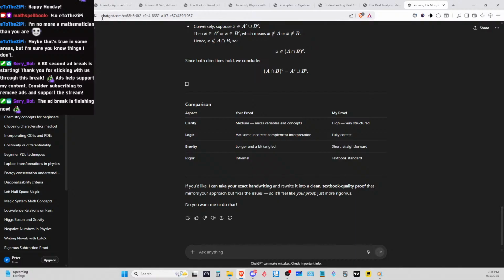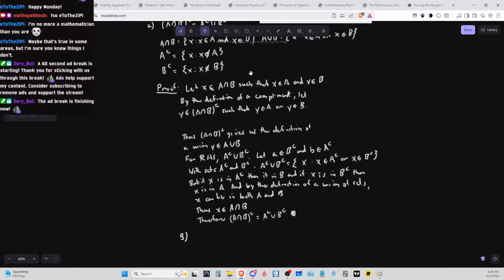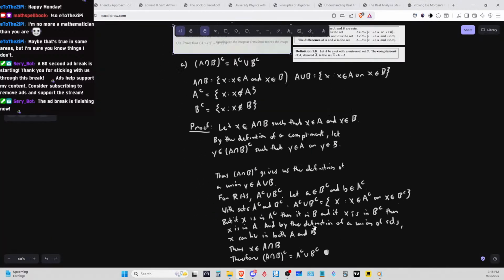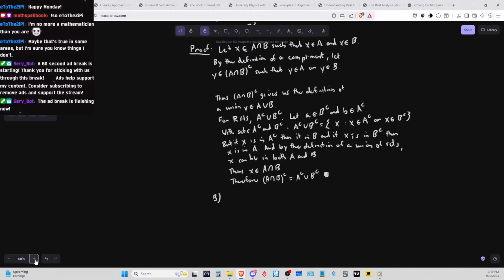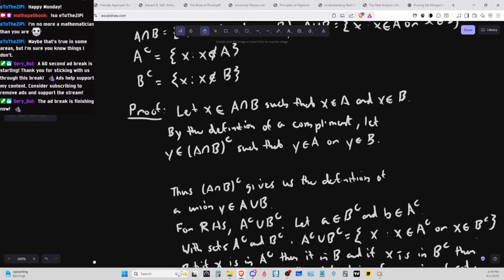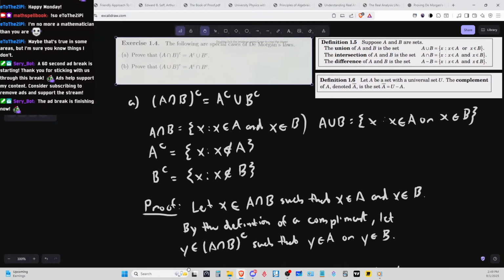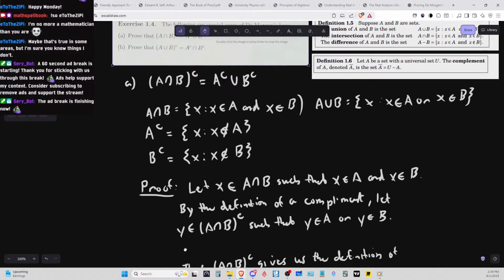Since we didn't really get this proof right, because I extended it a bit and didn't make any logical connections, I guess we're going to have to practice with the next one.